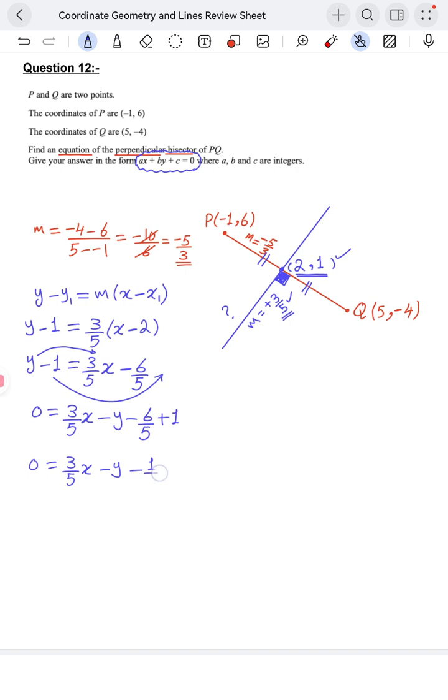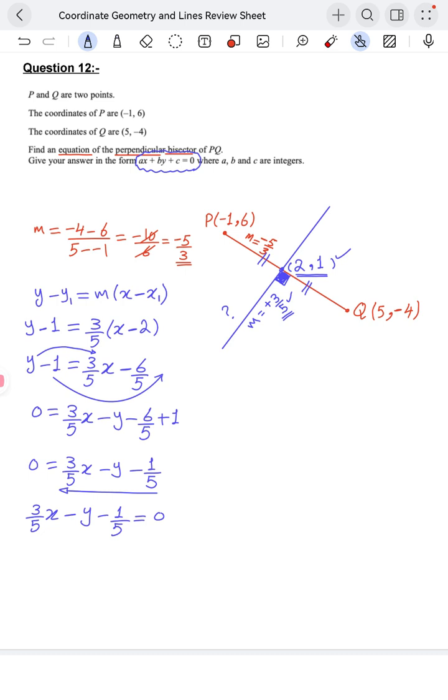So you can rewrite it as 3 over 5 x minus y minus 1 over 5 equals 0.